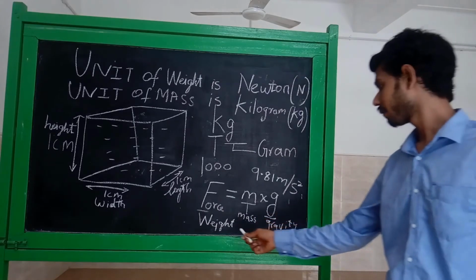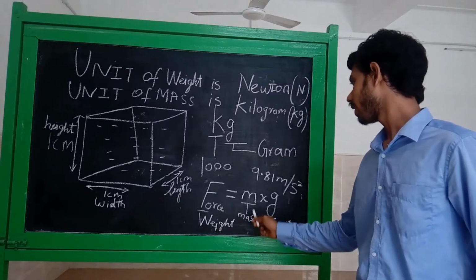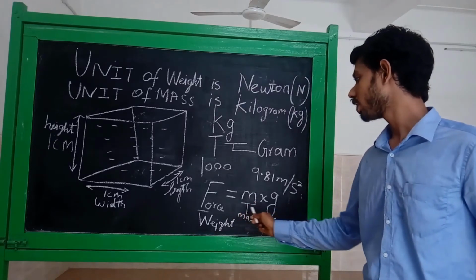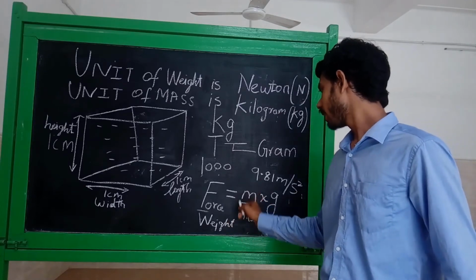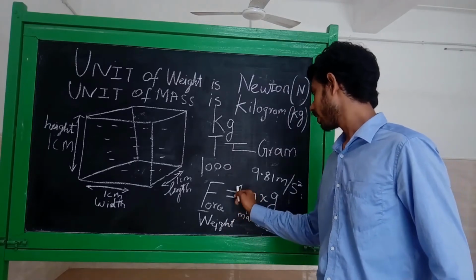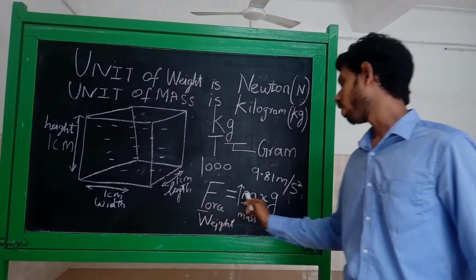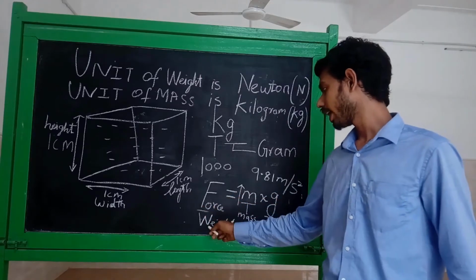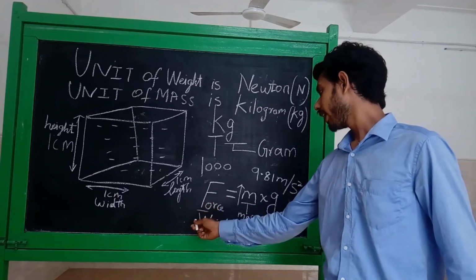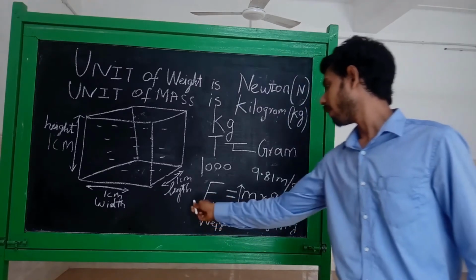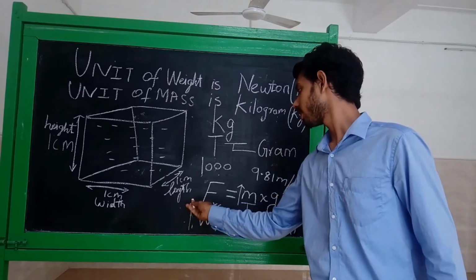This means that weight and mass are directly proportional to each other, so if the mass increases, then the force will also increase. In this case, weight is the force. So, weight will increase if mass is increased.